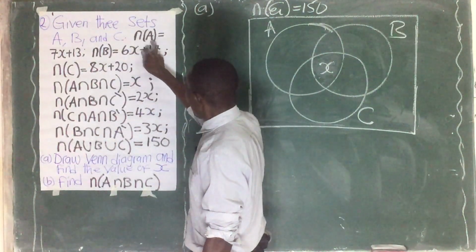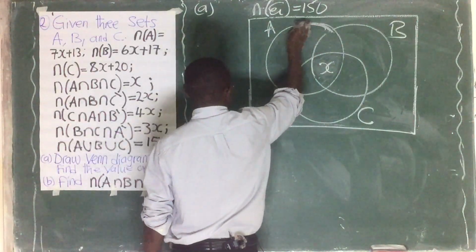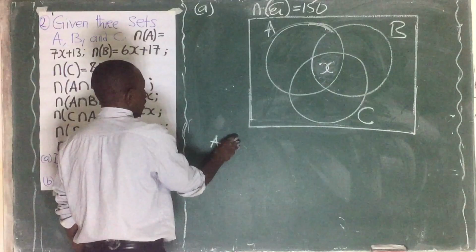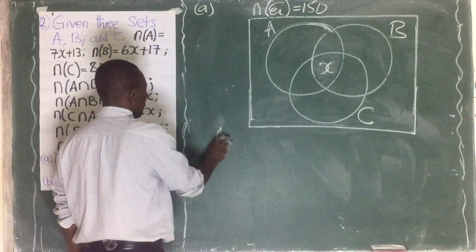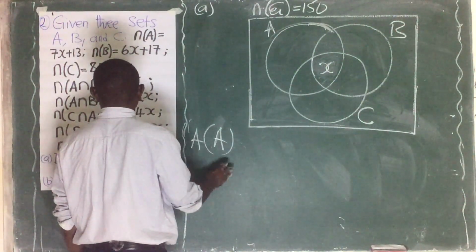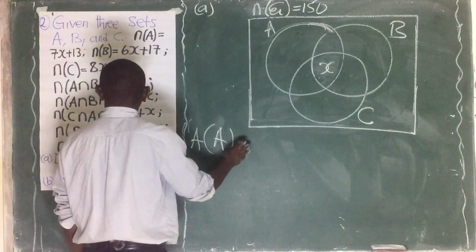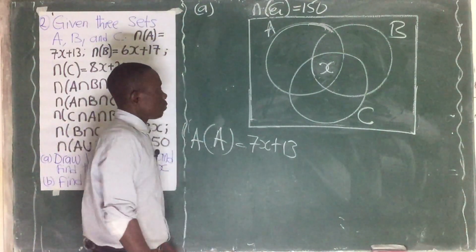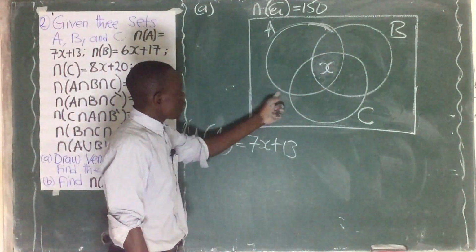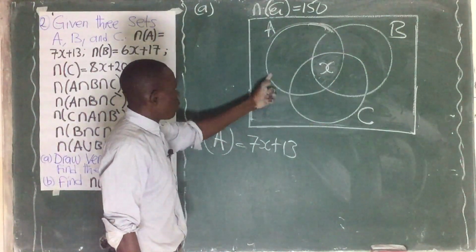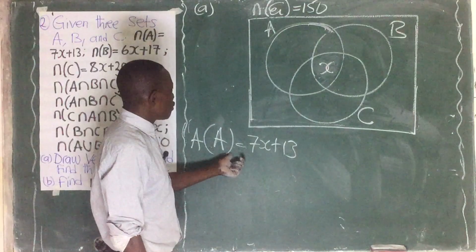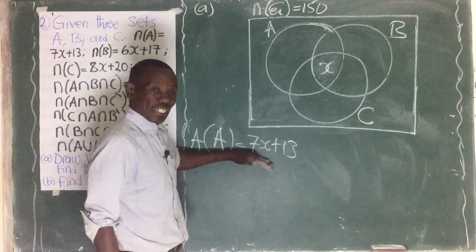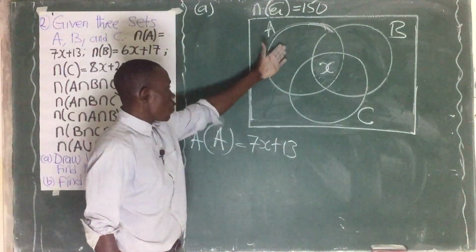We are told that in A, the whole of this A, the number of elements in A is 7x plus 13. The whole set has elements which in total are 7x plus 13. It's just an expression representing the number of elements. We can use it to find the exact value.